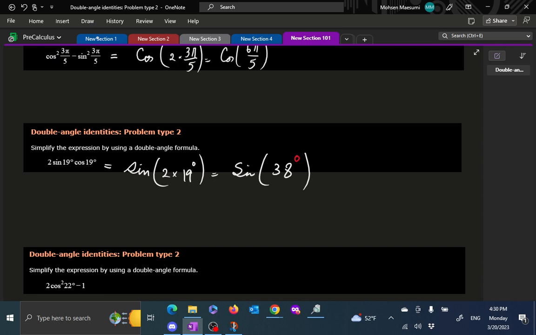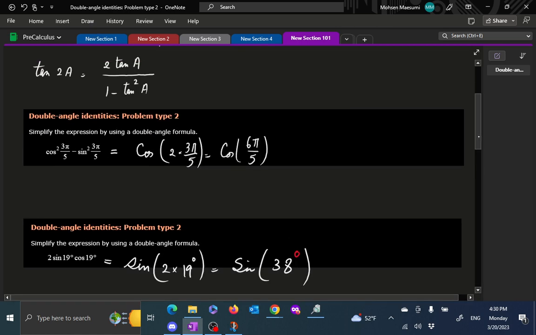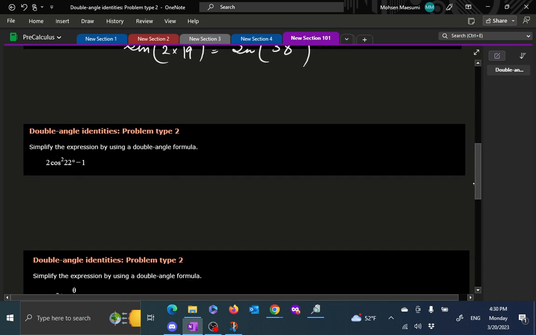Is that 38 radians or 38 something else? So it's in degrees. We have to put the degree symbol. If you don't put it, it assumes that it is in radians. That's the convention in your software.